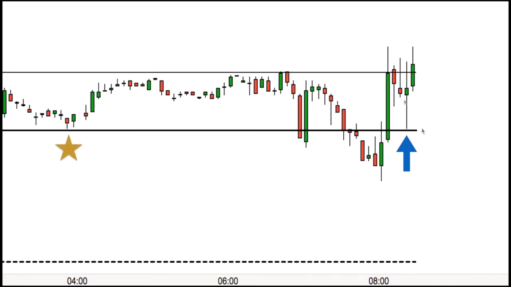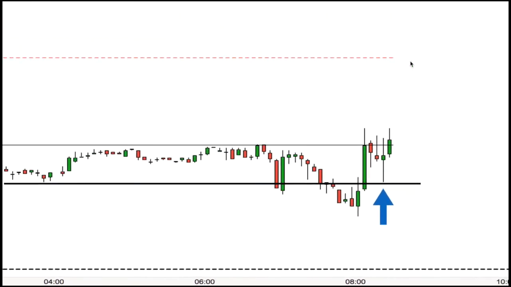And with the following two bars being bull bars and again testing the high of the range, I'd be looking to see at this point in time whether or not the market's going to break out. So let's have a look and see what actually happened. And again, I'll be looking at this point in time saying, okay, I'm expecting price to rise. I'm expecting it to possibly break out of the range at this point in time.